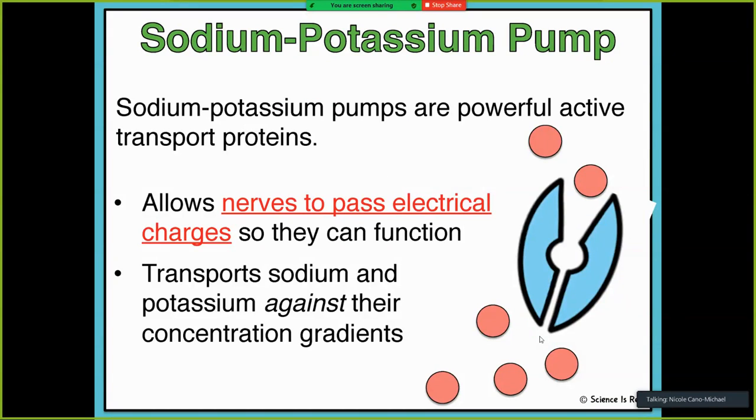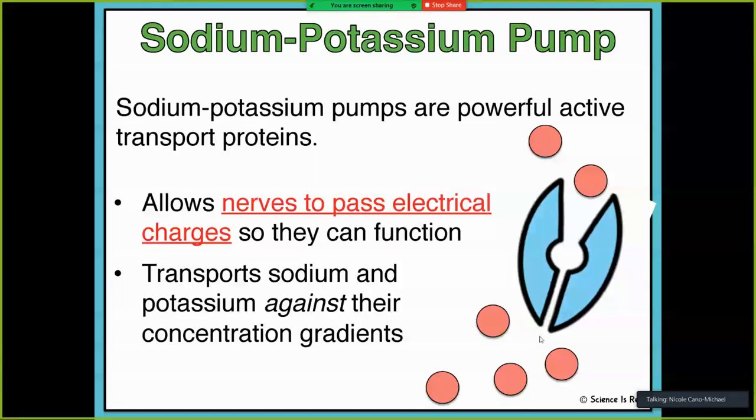This is one of those times where science actually names something where it makes sense, because a sodium potassium pump moves sodium and potassium. Like you don't have to guess at what it's doing. The sodium potassium pump is a very, very powerful transport protein.